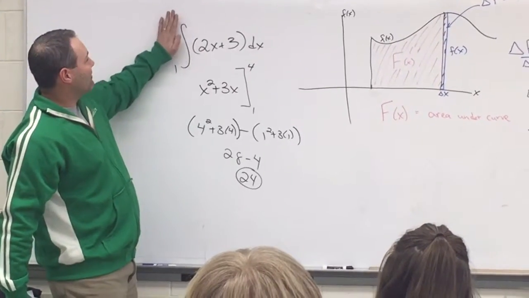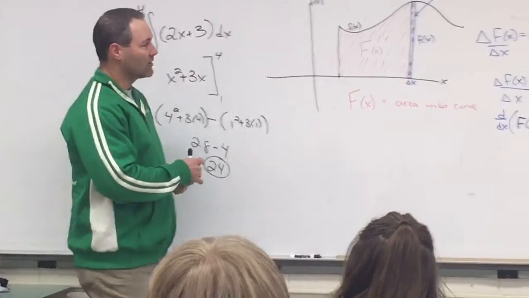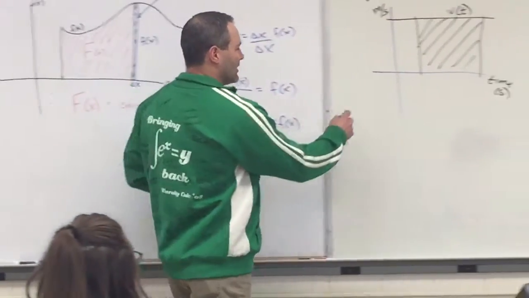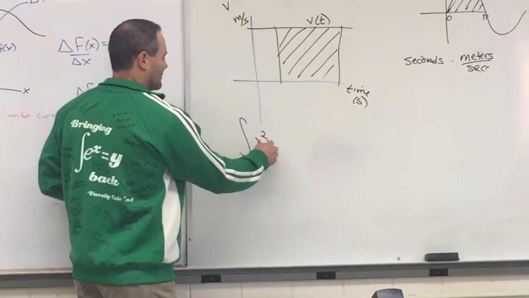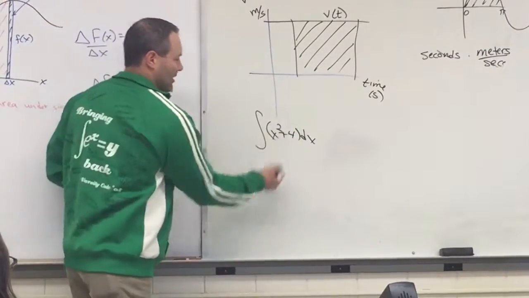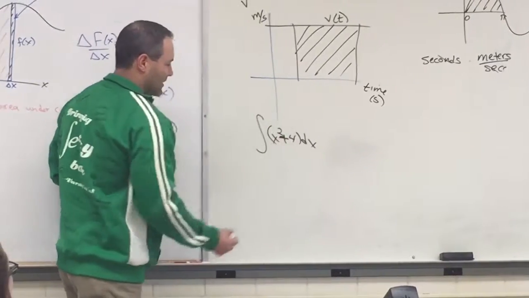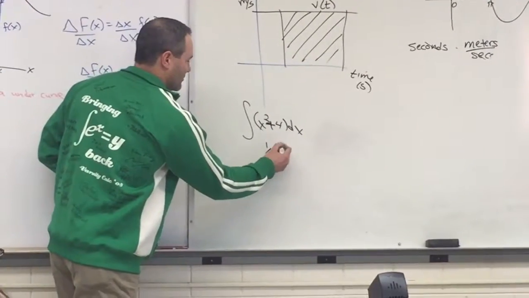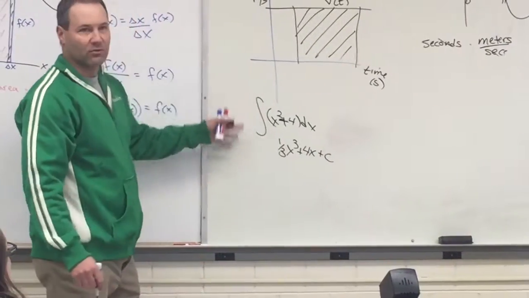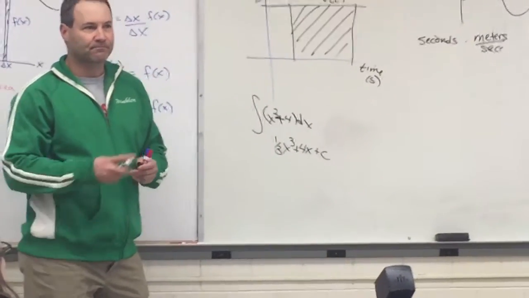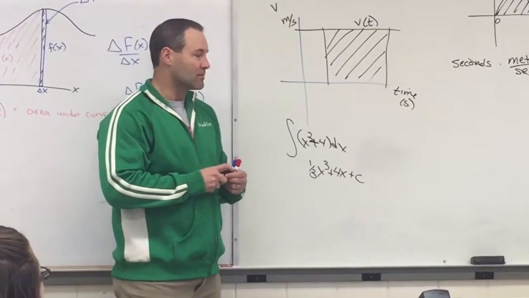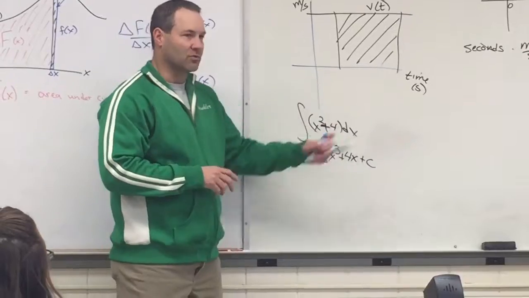If it was an indefinite integral, like we did with acceleration and velocity, we did plus c. The antiderivative would be plus c, because there are no boundaries of integration. So there are infinite answers there, that's why we do a plus c.